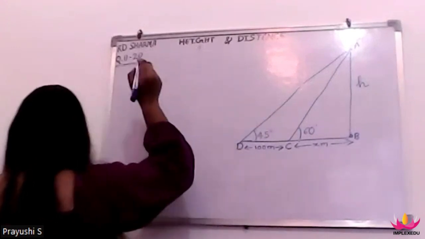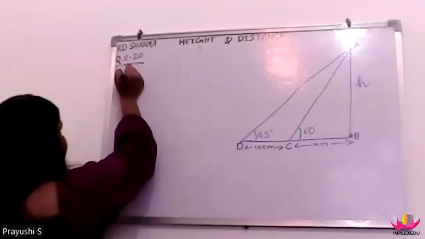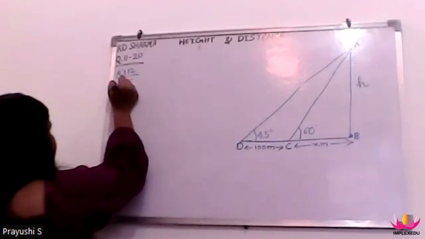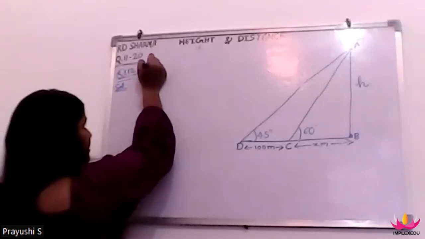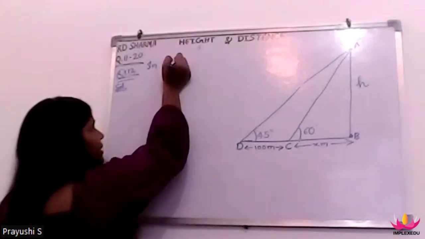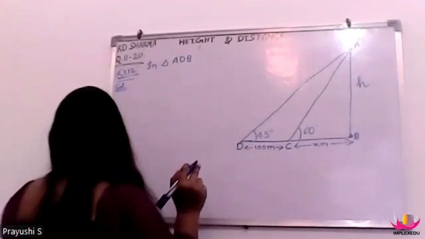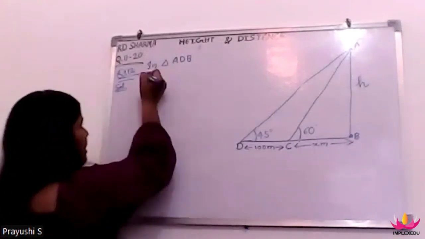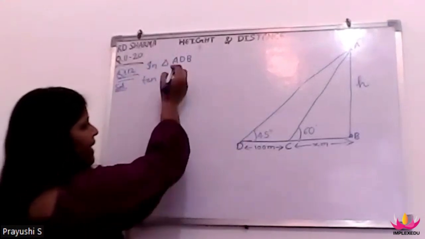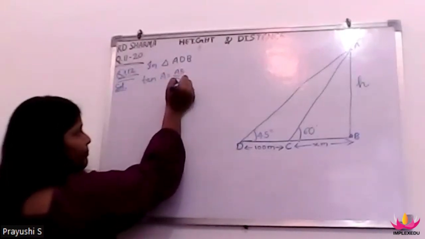So now, to start this question, first we will take tan 45 degree. Here I am writing question number 12 solution. So in triangle ADB, what we will have is tan A is equal to AB upon DB.